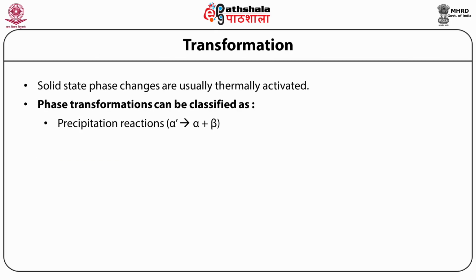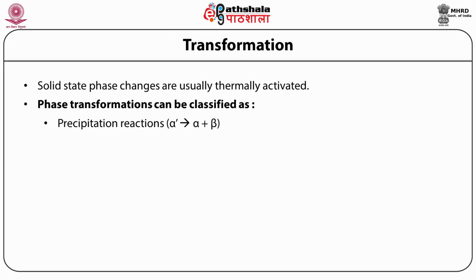This happens when a supersaturated phase, or alpha prime, transforms to the stable phase, that is alpha, along with another phase, that is beta, which is called the precipitate phase.